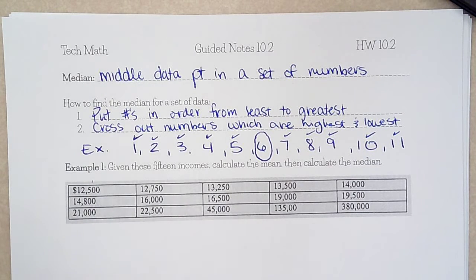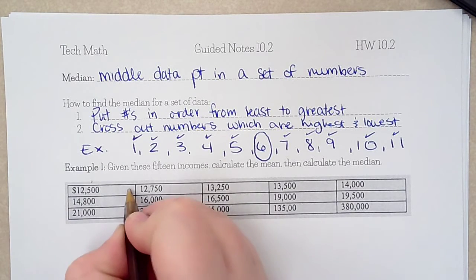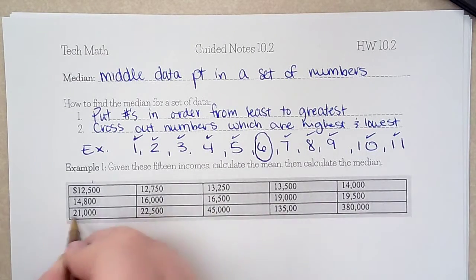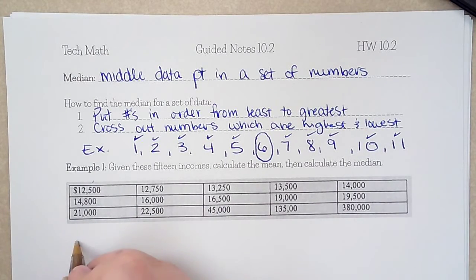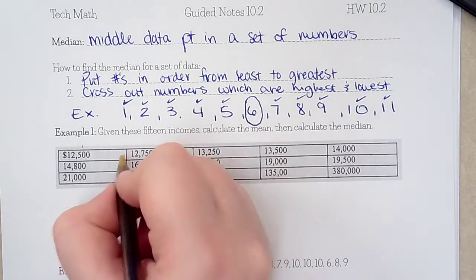So, I don't really want to rewrite all of these numbers, so what I'm going to do is a little shortcut. I'm actually going to start by finding the lowest number, and I'm just going to number them. Now, you'll notice in this table, they're already lined up from least to greatest, but if you need to write them out below, this is a little shortcut if they're not lined up like this.